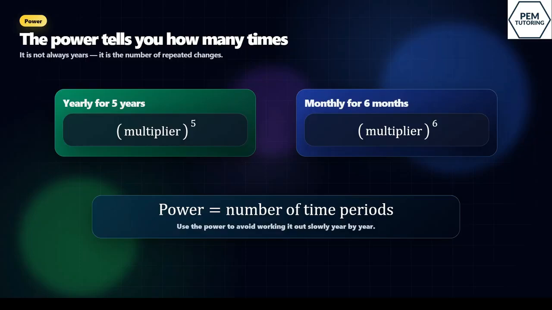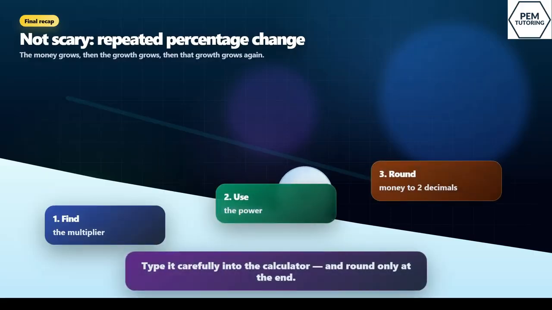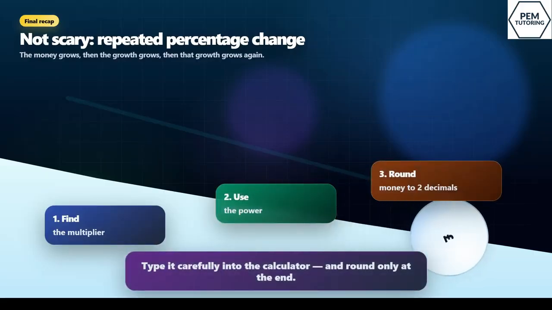The money grows, then the growth grows, then that growth grows again. Do not work it out slowly year by year unless you have to. Find the multiplier, use the power, type it carefully into the calculator, round money to 2 decimal places at the end, and that's compound interest. Not scary, just repeated percentage change with a little snowball effect.